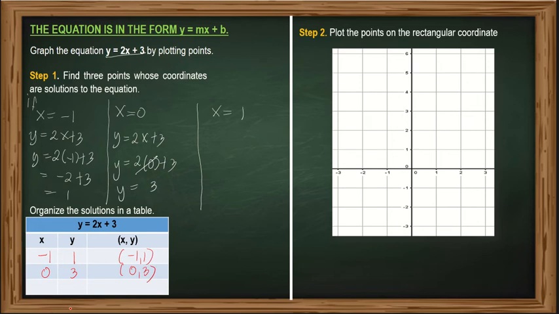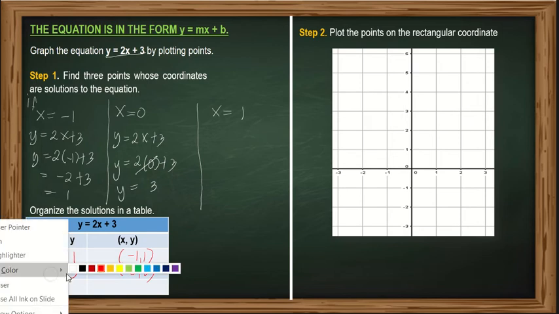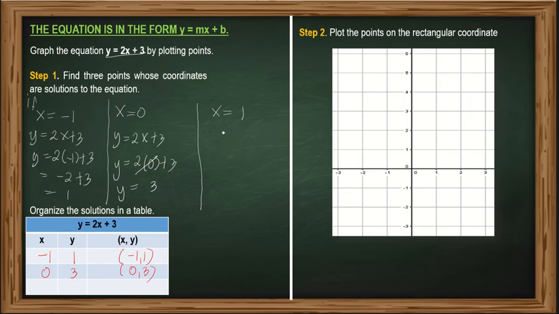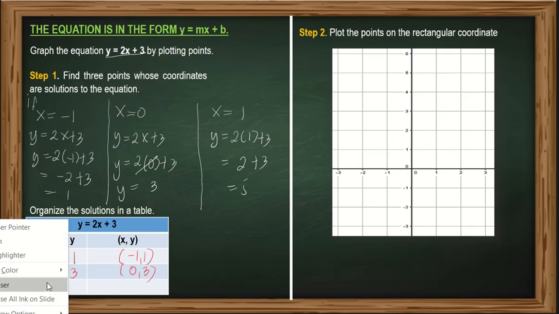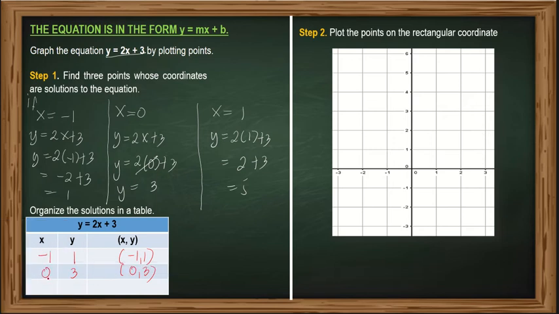Next, if x equals 1, y is equal to 2 times 1 plus 3. 2 times 1 is 2, plus 3 equals 5. So the third point has coordinates 1 and 5.